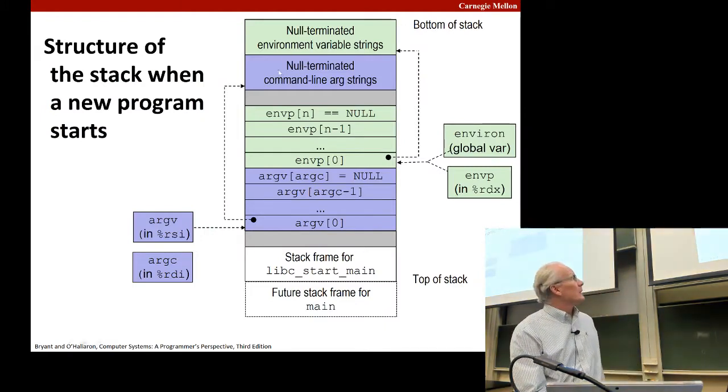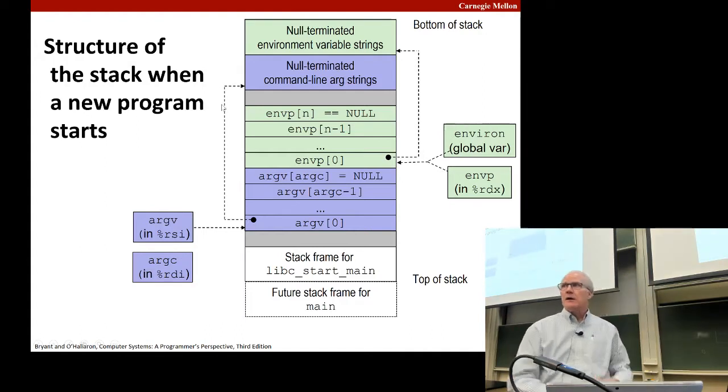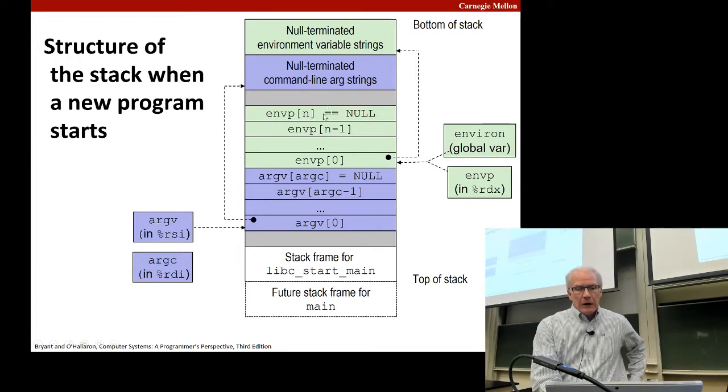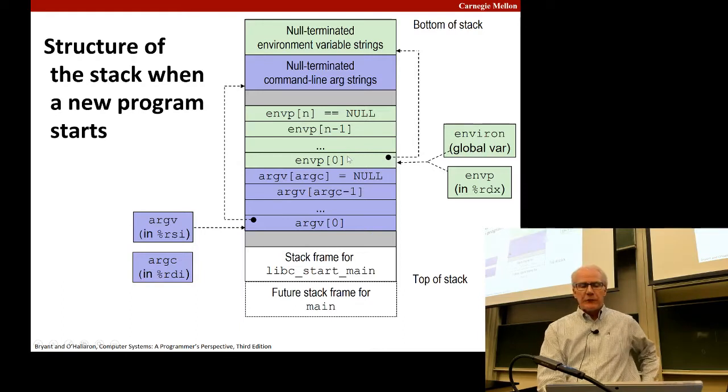So this is a picture that sort of illustrates how this information is all stored in memory, so that the list of arguments is encoded as a null terminated list of strings, and the strings, meaning pointers to each of these, is really a pointer to an array of characters.